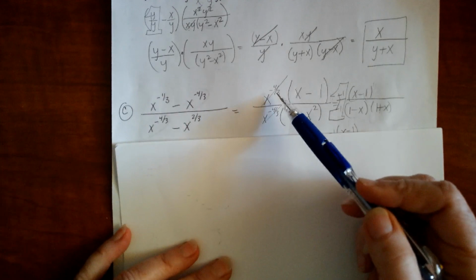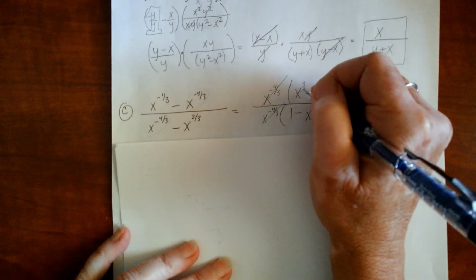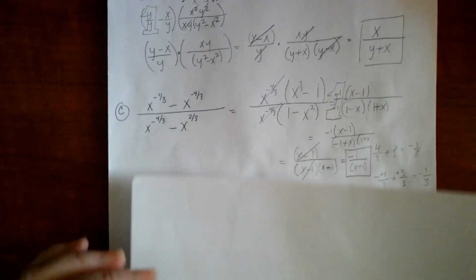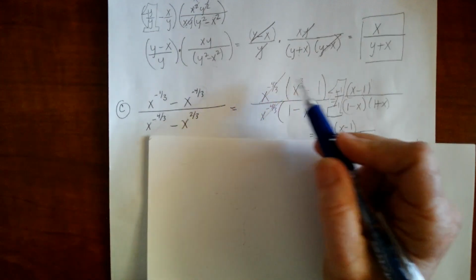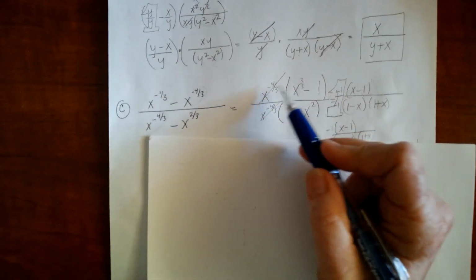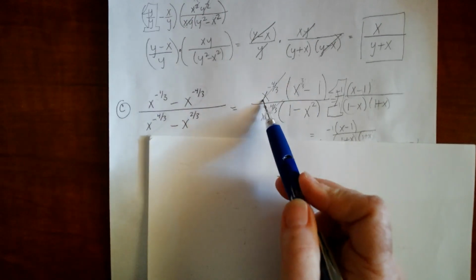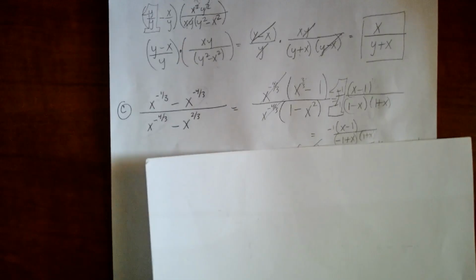So this is really 3/3. You know what I mean? And you know how when you multiply, you add the exponents. So I'm just checking to make sure that it ends up to be negative 1/3, and it does. And then x to the negative 4/3 times 1 gives me back my x to the negative 4/3.